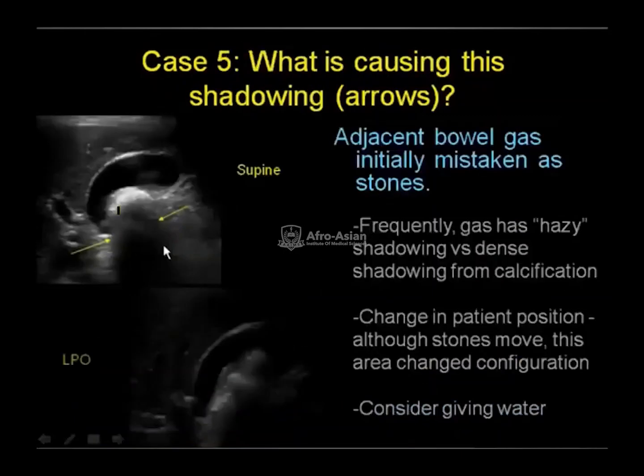This is another shadow here. Because there was adjacent bowel gas, it was initially mistaken for a stone, and once we changed the posture of the patient, we saw that there was nothing inside. It is just the gas in the duodenum which is near to it.